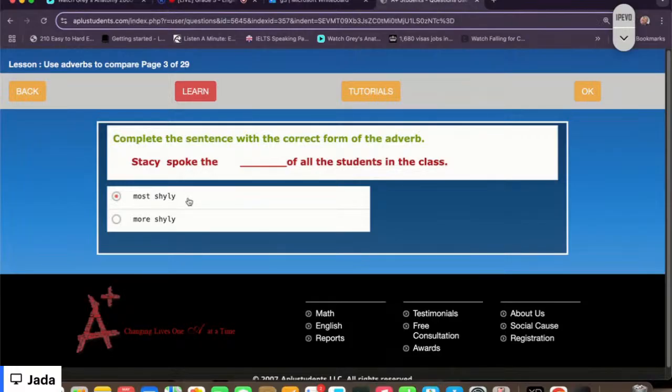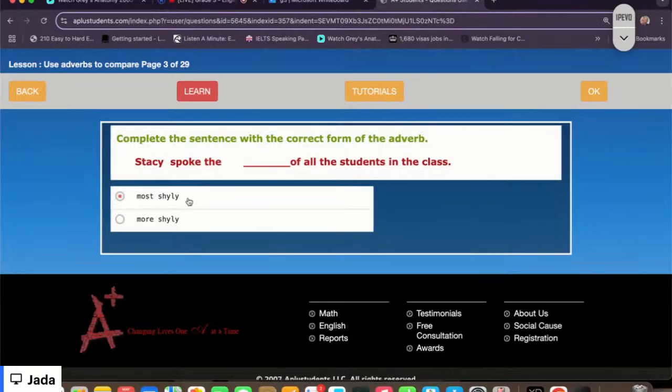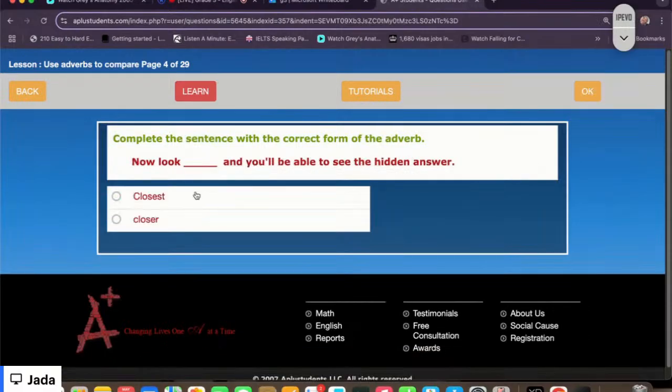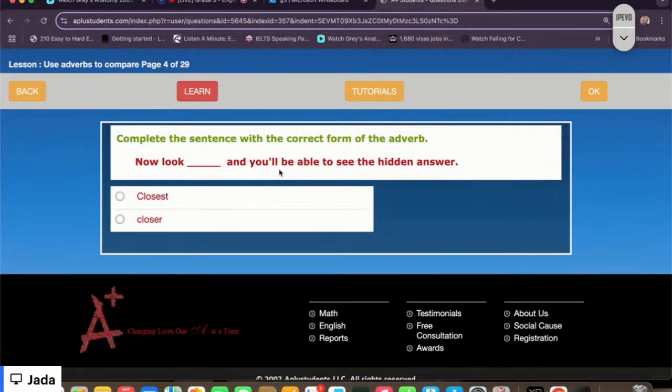Alright, so we have most shyly because it's referring to the whole class. Okay. Now look dash, and you'll be able to see the hidden answer. Look closest or closer? Which one?